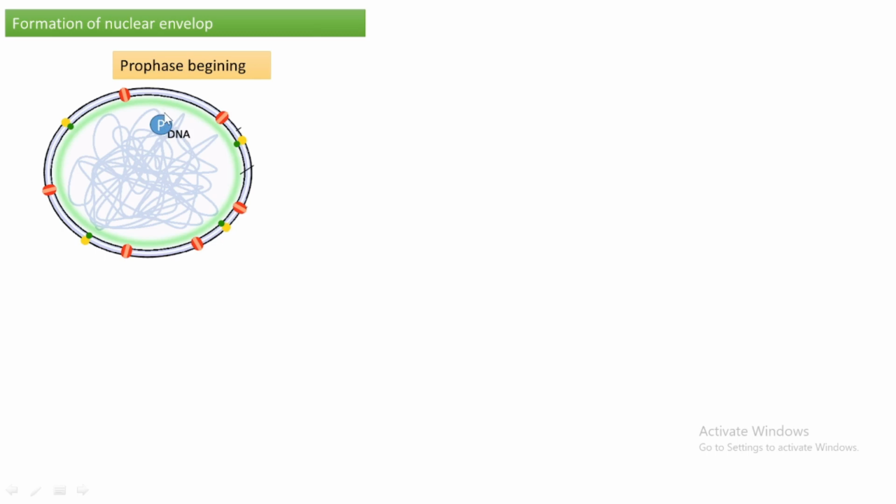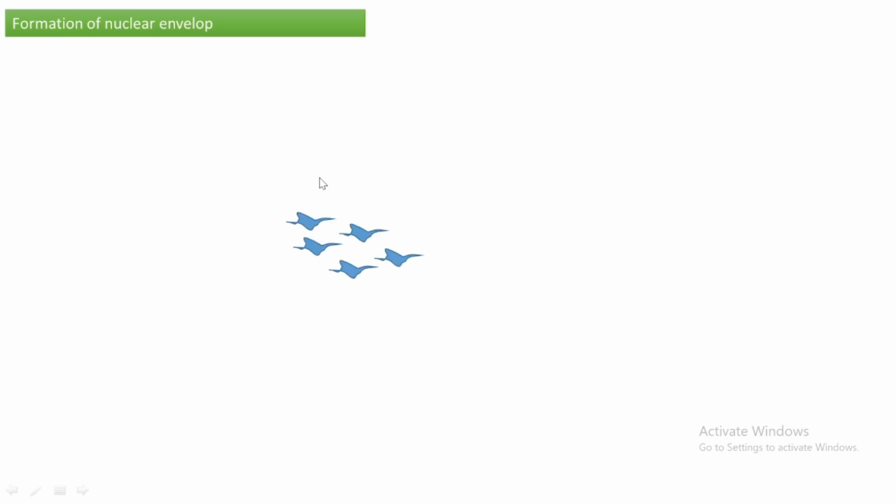Lamin, we already learned, is a building block of the nuclear lamina, and that phosphorylation leads to the depolymerization of the nuclear membrane as a whole, and it dissociates and forms discrete vesicles. I will show you that the nuclear envelope dissociates and exists in the form of separate vesicles.